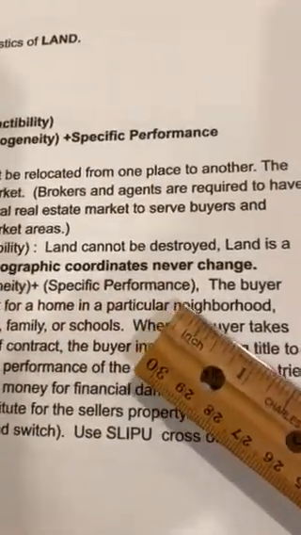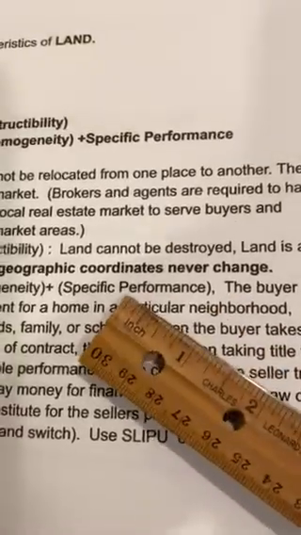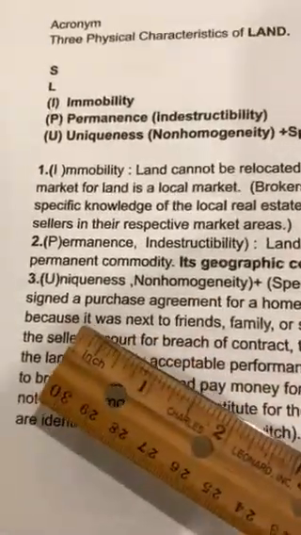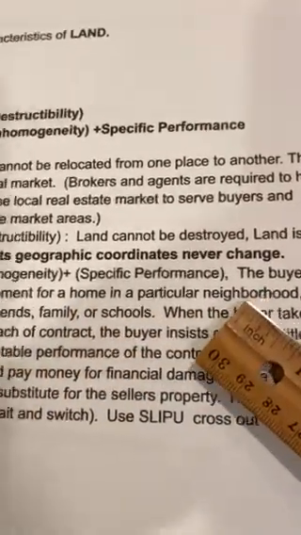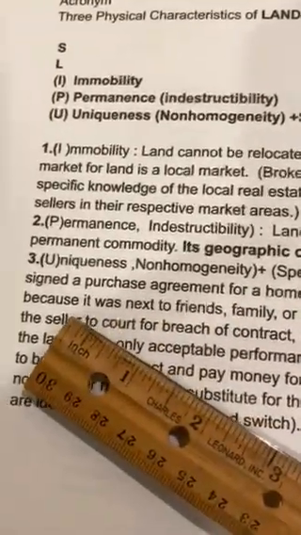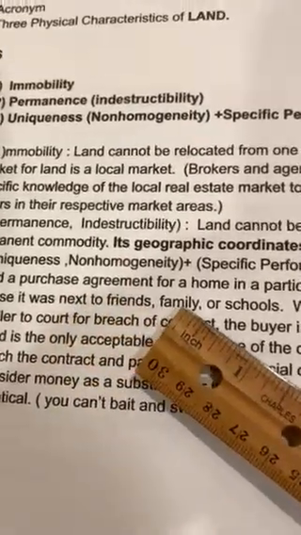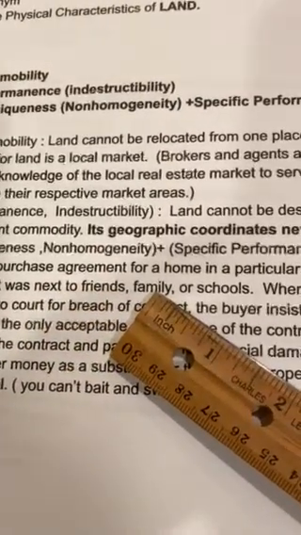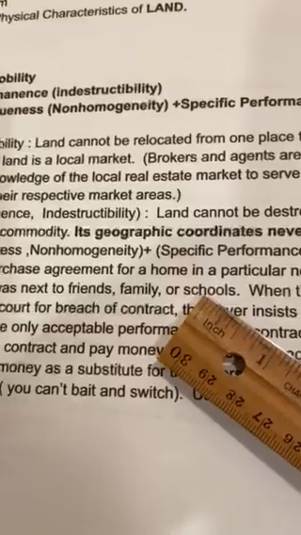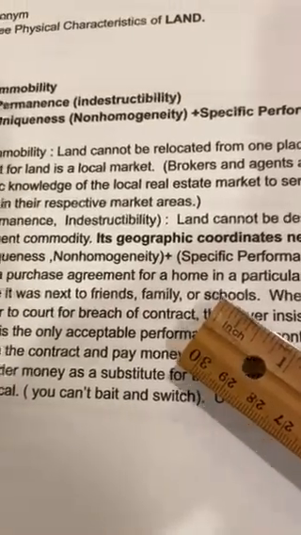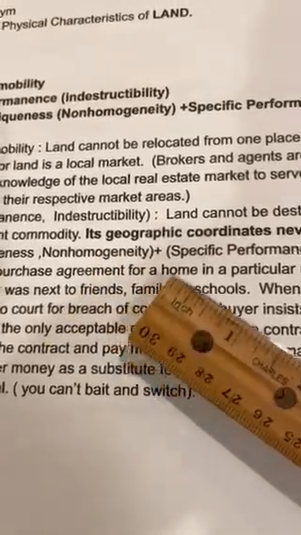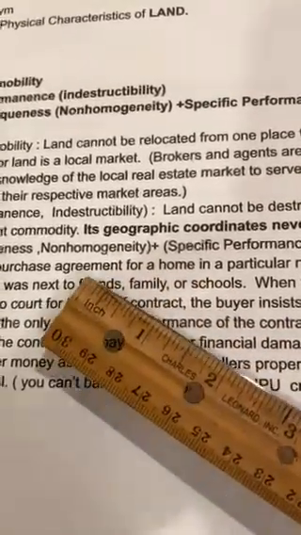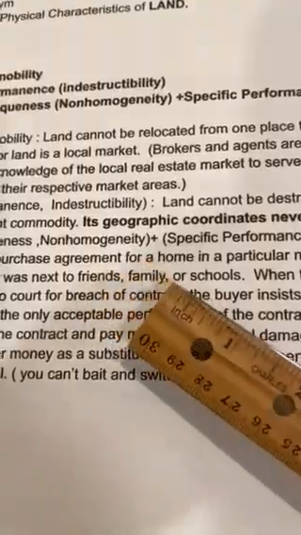Now let's talk about specific performance. The buyer signed a purchase agreement for a home in a particular neighborhood. Maybe they want to live beside their best friend, or beside a family member, or in a specific area where a school is. So they buy the home for a specific reason; they want to live next door or close to these people.